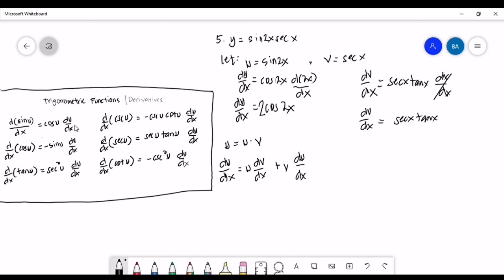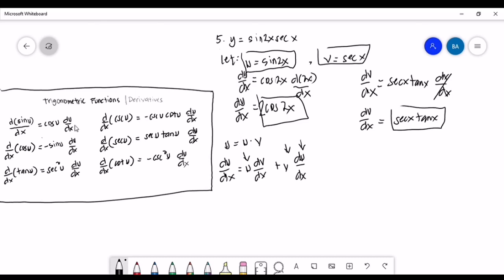Now this is the time that we need to substitute the value of u, the value of v, then the value of our du dx, and then our dv dx. So just simple as that.